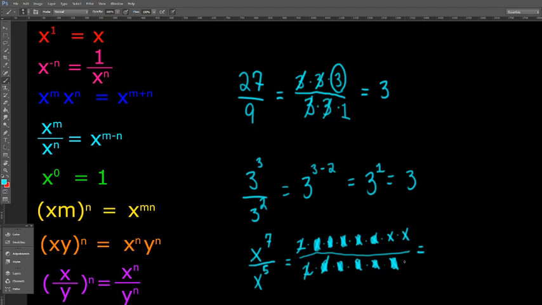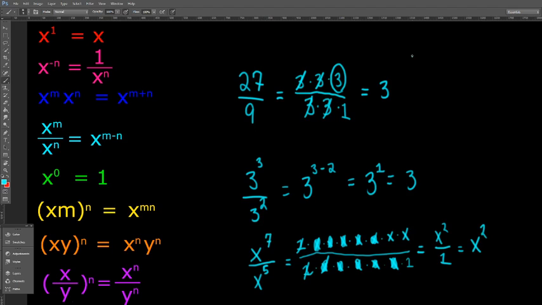All right, and now on the bottom, I'm out of x's, so I can't scratch any more off the top. So all I've got left is just this 1 down here, and I have 2 x's on the top. Well, what is x times x? That's equal to x squared over 1. Anything divided by 1 is just itself, so it's just going to be x squared, right? And what do we find? Look, x to the 7th divided by x to the 5th.